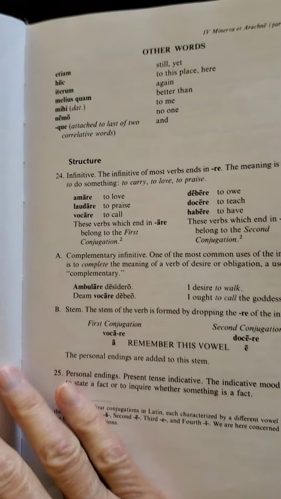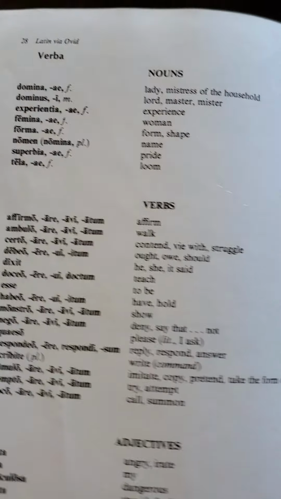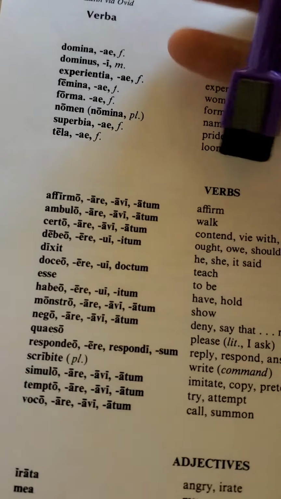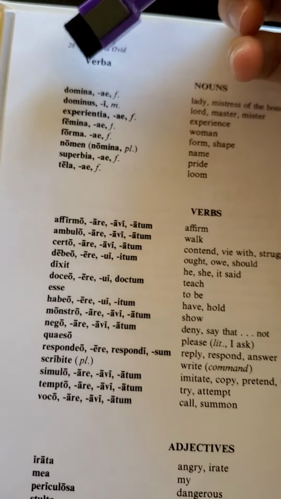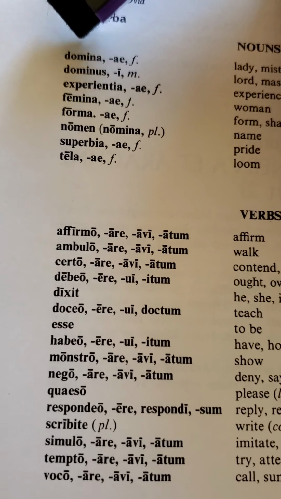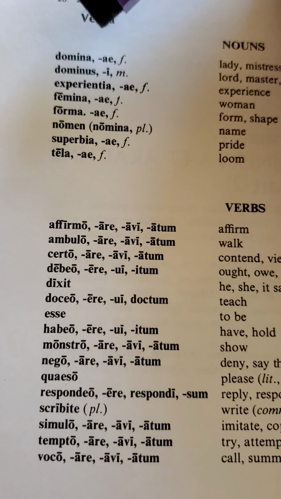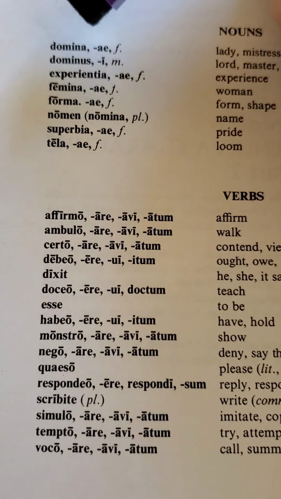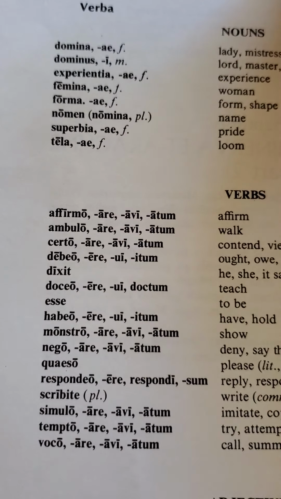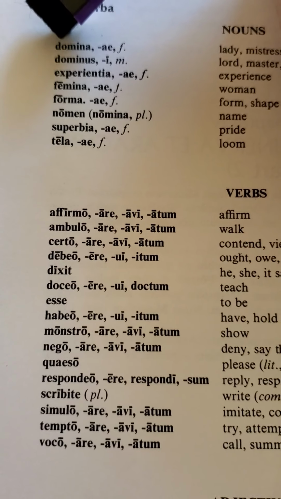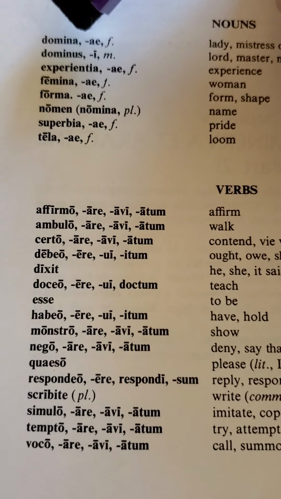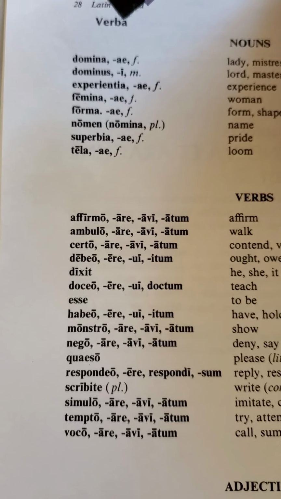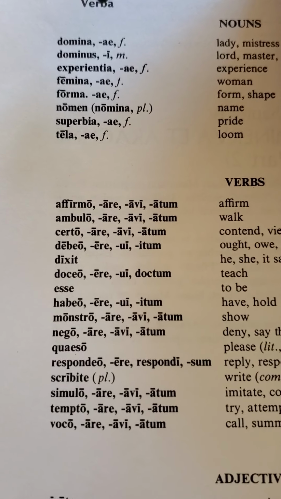So first of all, let's just see what we've got going on here in the word list. For the first time, well, we've already seen how the nouns are listed formally as they're found in the dictionary, with the nominative singular followed by the genitive singular ending, domina, domini. And this genitive singular ending helps us to know which declension pattern will be used.